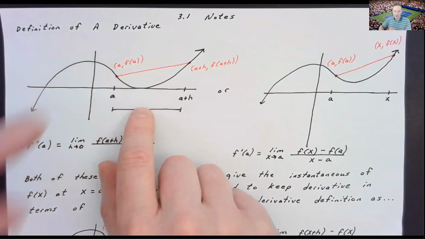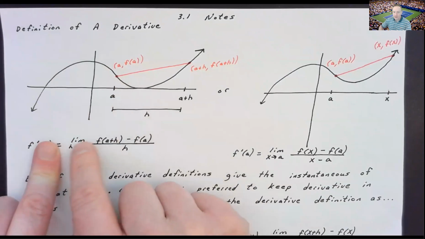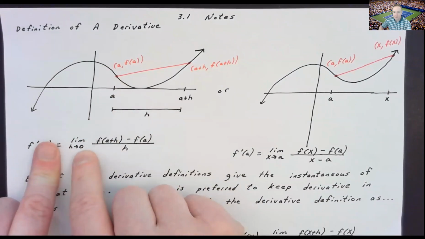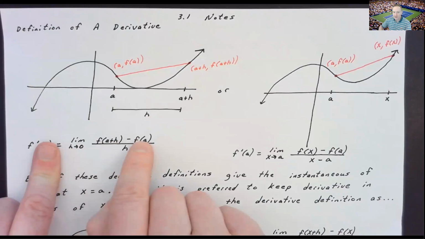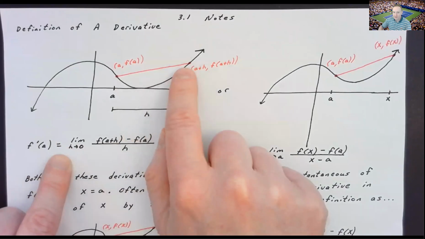So here's what we do. We say f prime of a is going to equal the limit as h approaches 0 of f of a plus h minus f of a, over h. Now, think about what this formula is going to do.